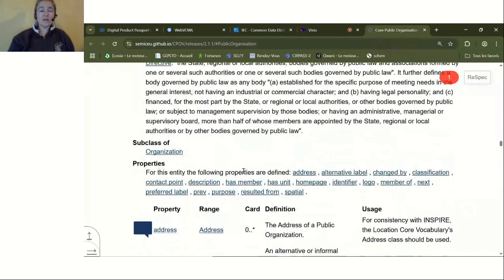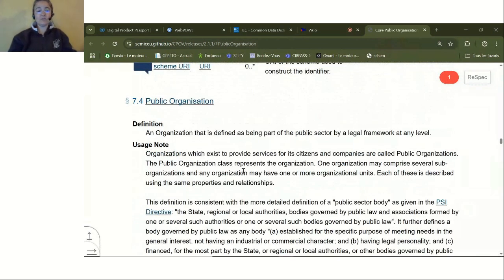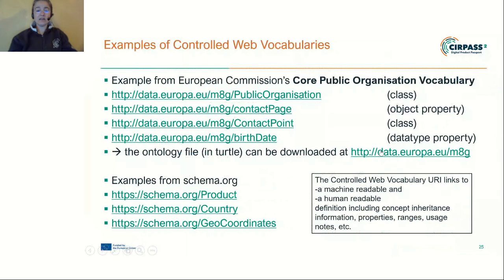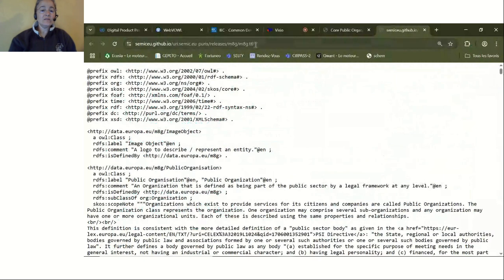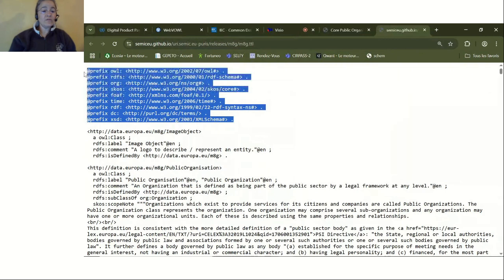But this is because, of course, I'm a human. If I were not a human, it would have led me to some machine readable place. Let's take a look at it. So here I'm going to look at the ontology file in the turtle format. The turtle format is pretty neat because it's easy to read for a human. It starts with referencing all of the ontologies and vocabularies that are being reused by this ontology.